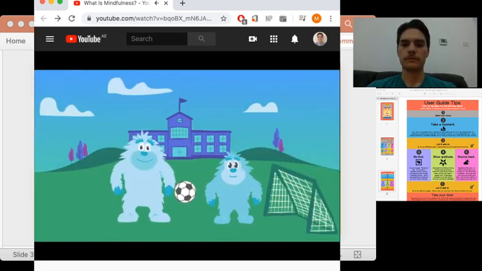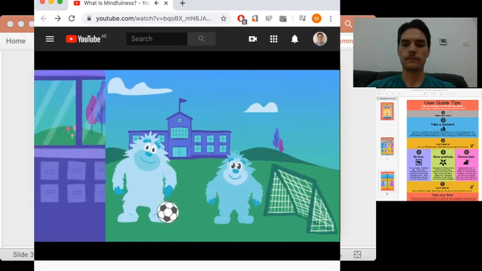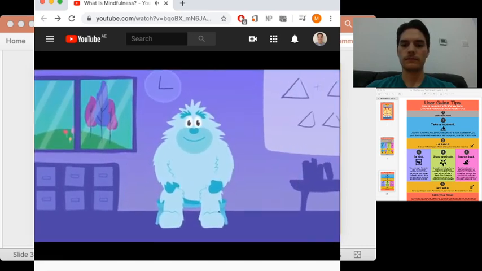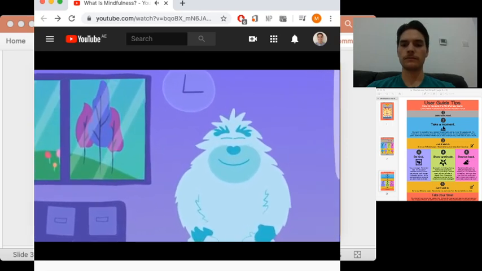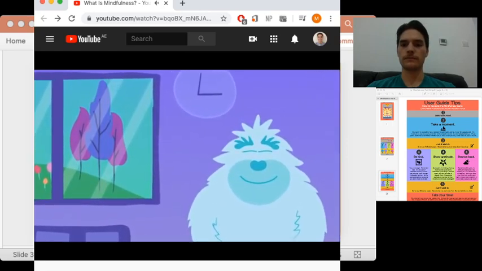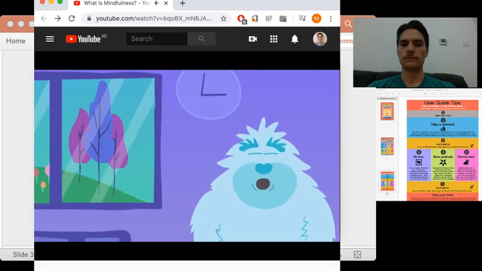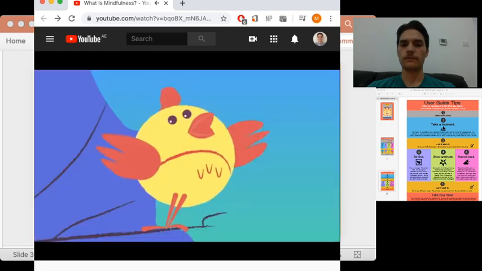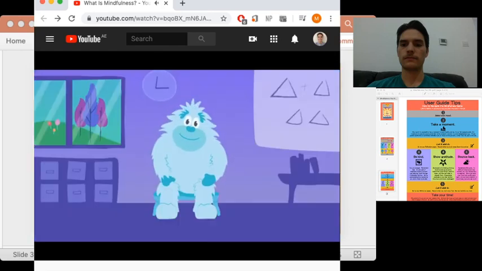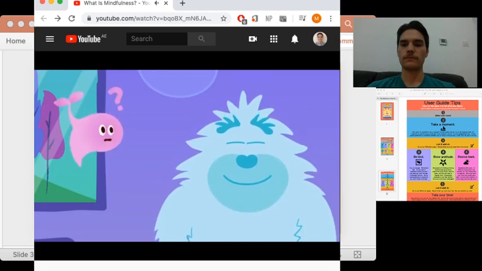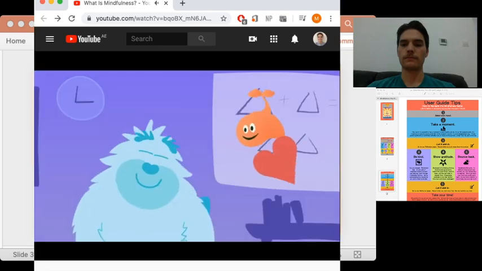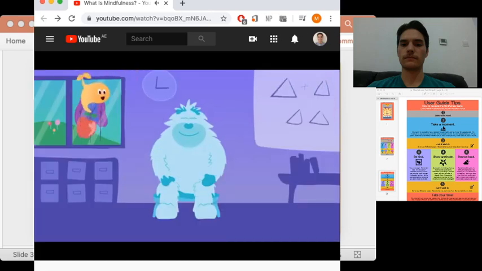What is mindfulness anyway? When you're doing Mind Yeti, you're practicing mindfulness. Mindfulness is paying attention to things as they are right now. Things like your breath, body, or the sounds around you, with kindness and curiosity. It's also noticing thoughts, feelings, and sensations as they're happening.